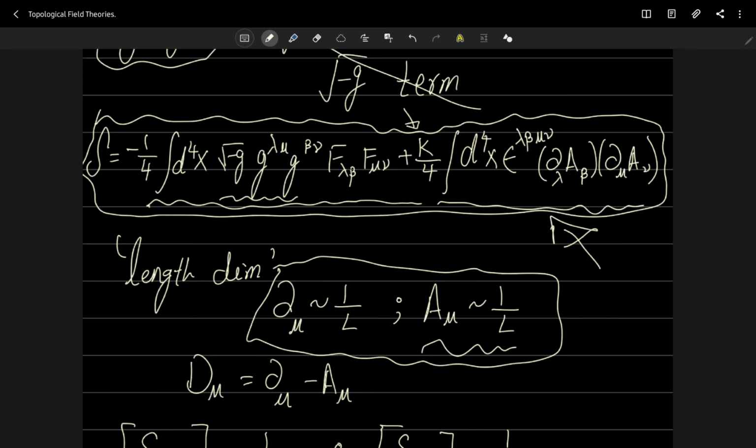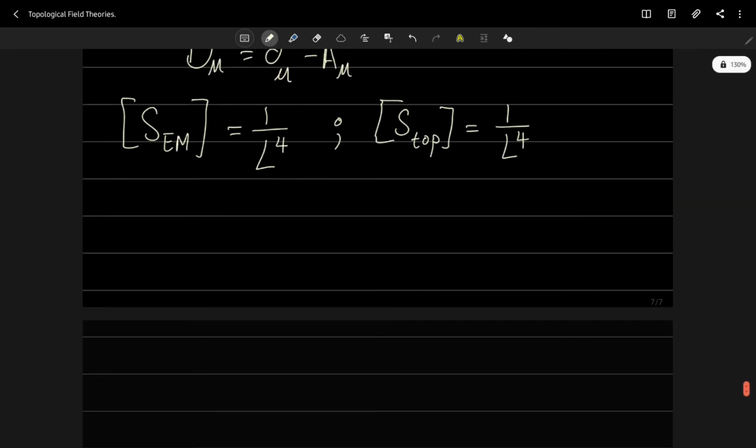Both the integrals are d4x. Therefore both of these have dimensions 1 over L4, and what that means is that both of these action terms are always equally important in the overall action.